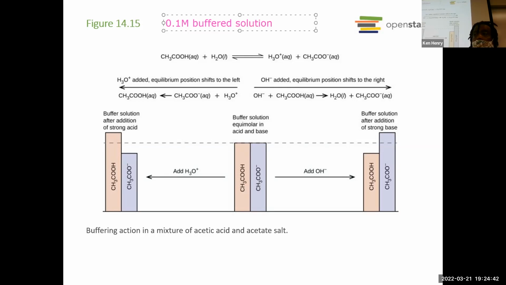It's buffered with acetic acid and acetate, both at 0.1 molar.